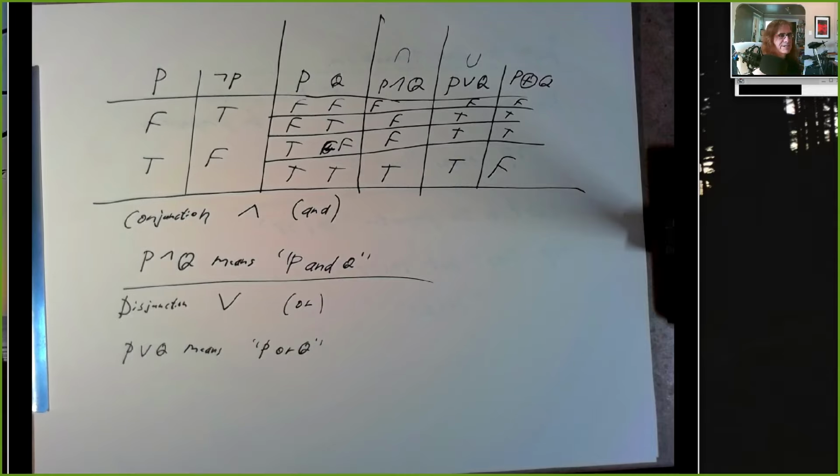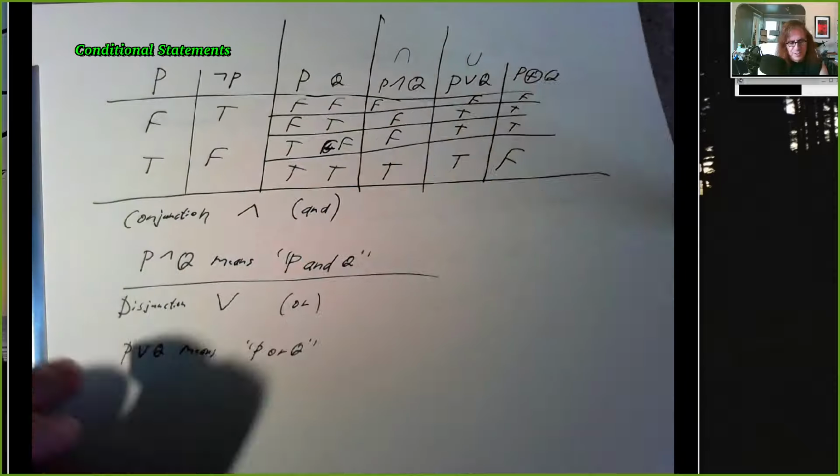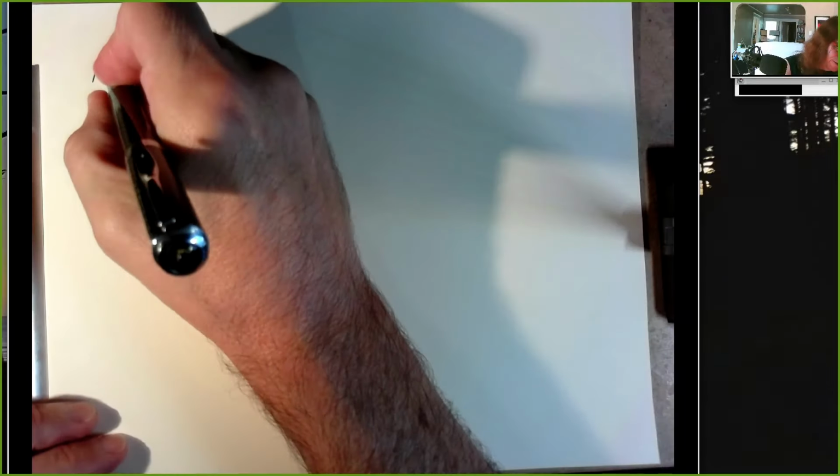All right, so the next thing is conditional statements. And everything we're doing here is making new props from old. So again, let P and Q be propositions. Here's a new proposition.